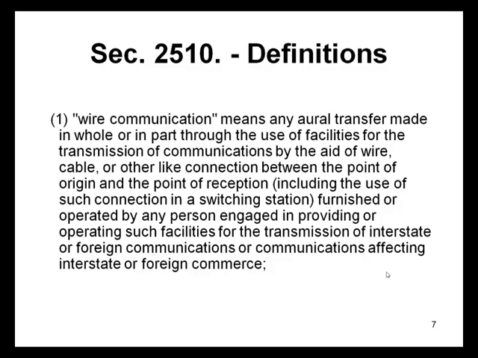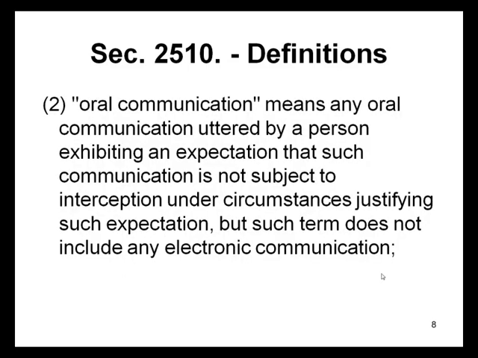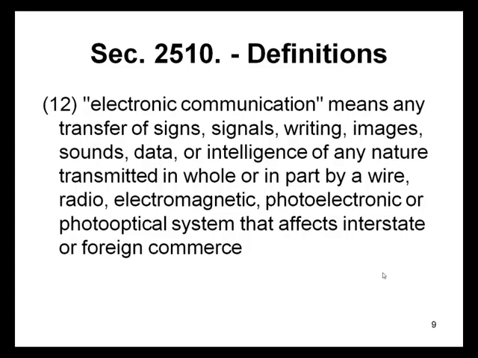2510 provides a whole lot of definitions, and it defines what a wire communication is, it defines what oral communication is, and it defines what an electronic communication is. And the reason that it breaks it down this way is fairly historical. The first wiretap statutes were really done literally for listening devices, and then to be able to listen to phone conversations, and then to be able to get phone switching information, and what level of protection does the actual oral communication have versus the electronic part of it.